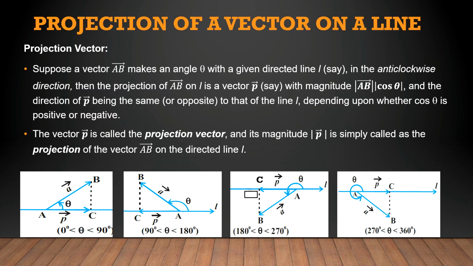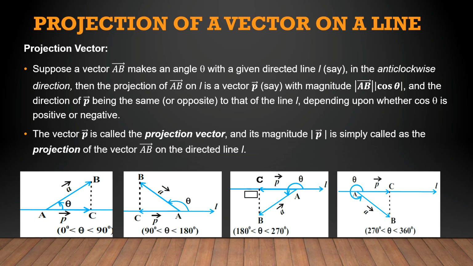The second application is to find the projection of a vector on a line. So suppose we have a vector AB, which makes an angle theta with a given directed line, say L, in the anti-clockwise direction.